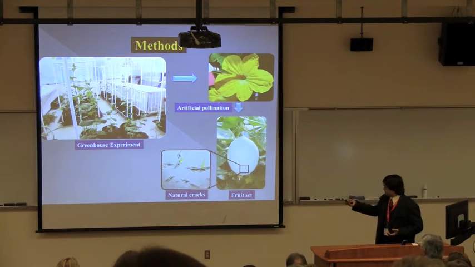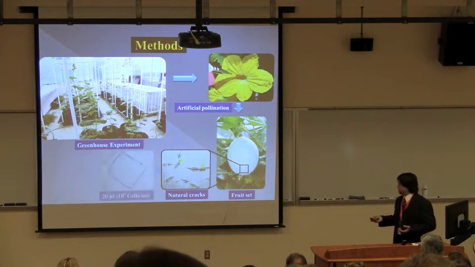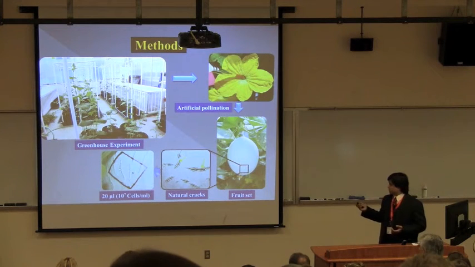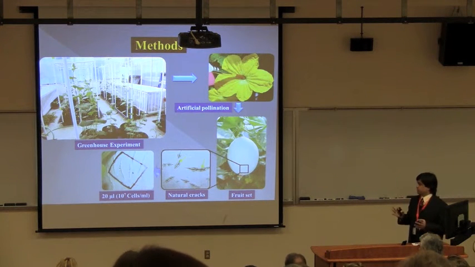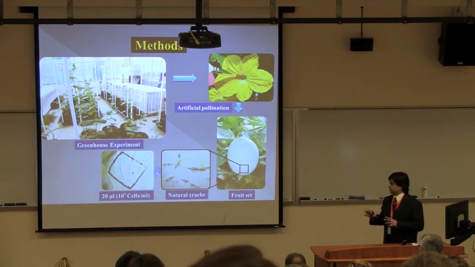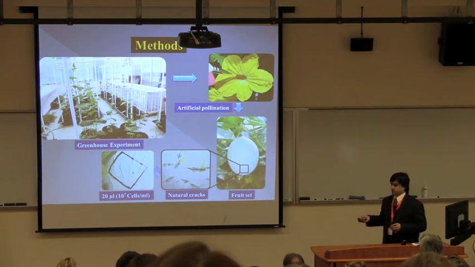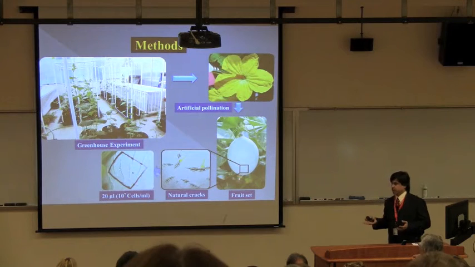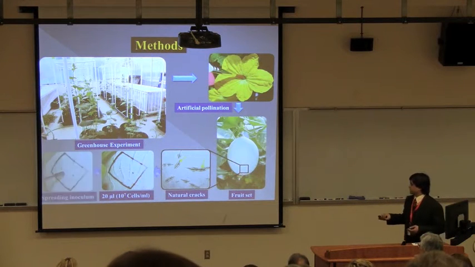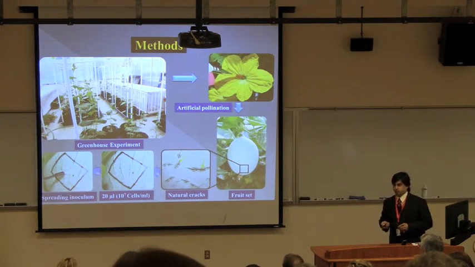These are the wounds you can see clearly here and here. Those cracks were marked with a 2 by 2 centimeter square, and then the pathogen cells were placed and sprayed with sterile water.